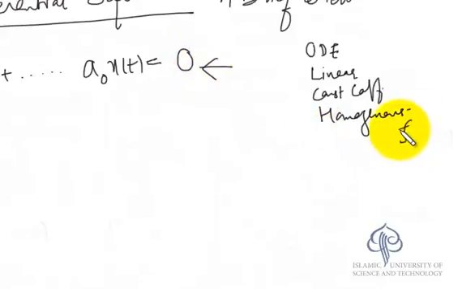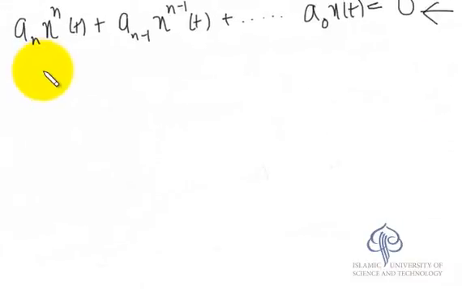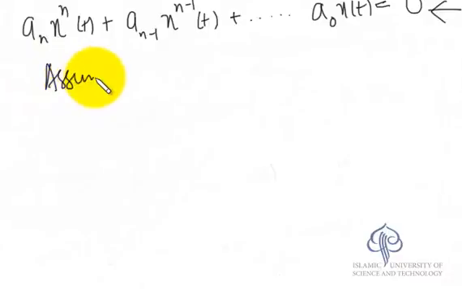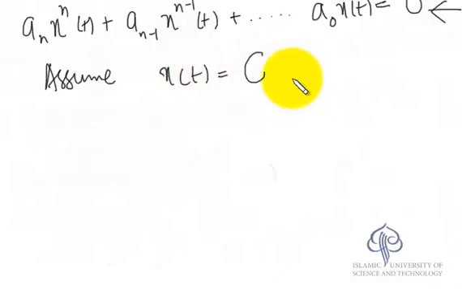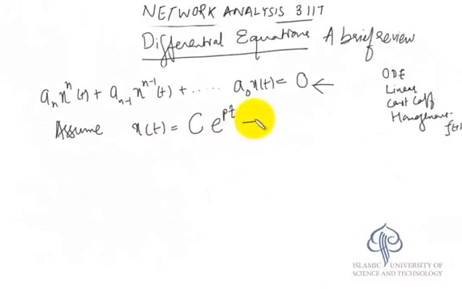F(t) is identically 0. So you assume a form of the solution. You assume that x(t) is some constant c multiplied by e to the power pt, right?